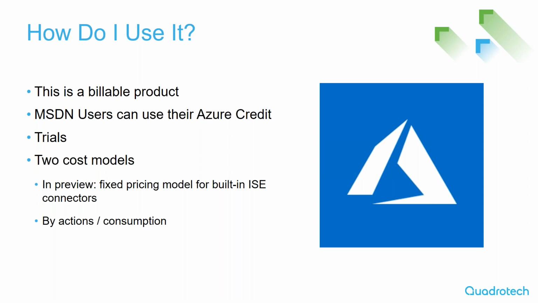There are 2 cost models for it, and one that is in preview, and this is somewhat new, so some people may not be aware of it, is a fixed pricing model for built-in IC connectors. So this can be kind of an all-you-can-eat for these specific tasks. So if you fall into the category, this is what you're using, then that may be the right cost model for you. The traditional model, which I think a lot of us are probably going to fall into, are the actions and consumption.